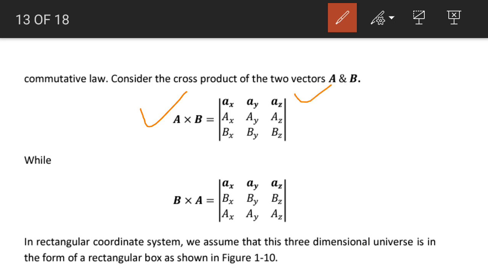You see, in the first row, we have the unit vector Ax, the unit vector Ay, and the unit vector Az.